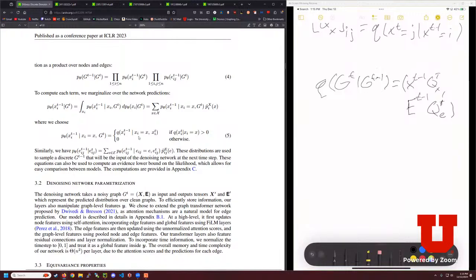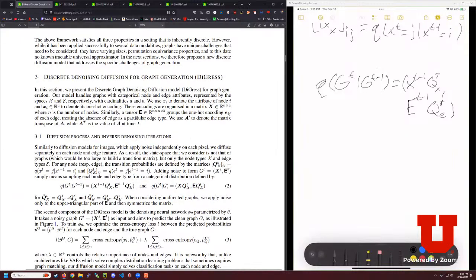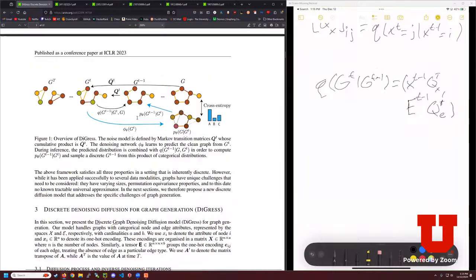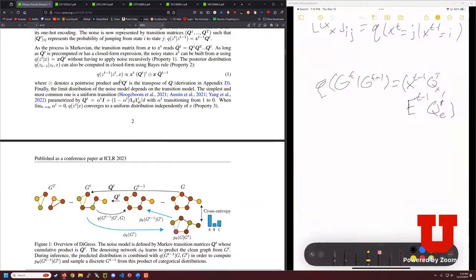So Q is the Q matrix. The Q matrix is a noise, as you said. Right, you're gonna sample a Q matrix, right? Yes.